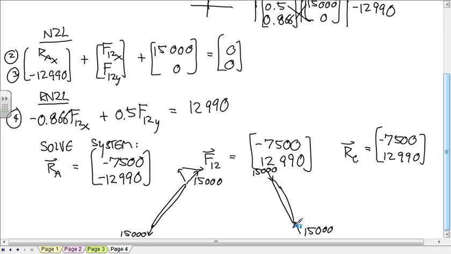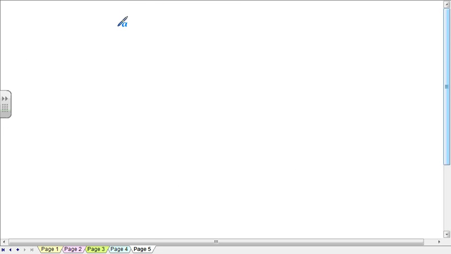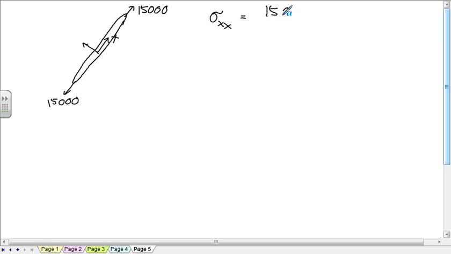Okay, so the last step is, we have these two objects. Here's member 1. Now we're going to think about the coordinate system as having its x-axis pointing along the long axis of this beam. And so sigma xx is equal to positive 15,000 divided by the area, which is 0.0025.